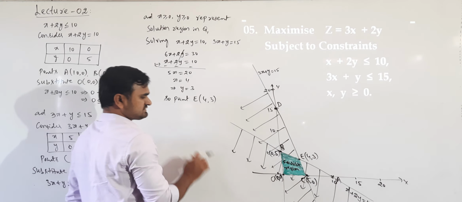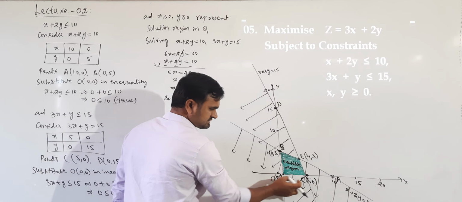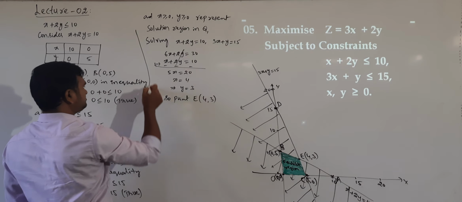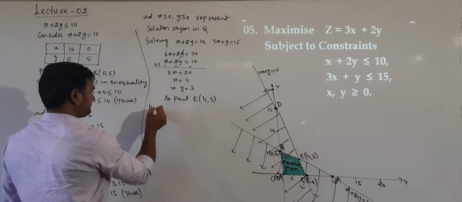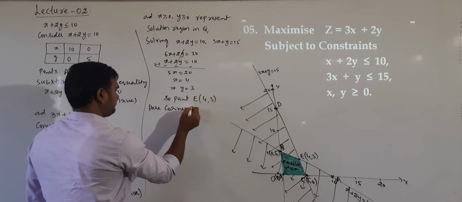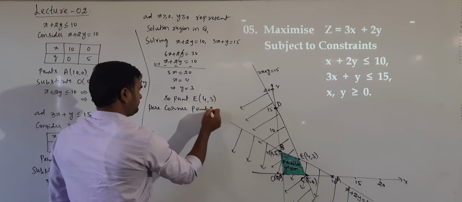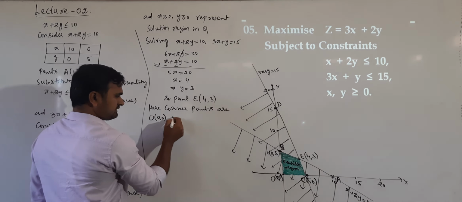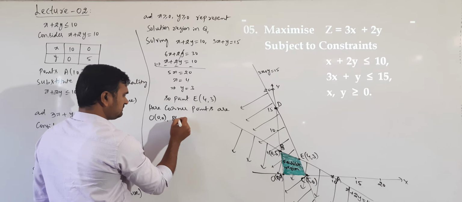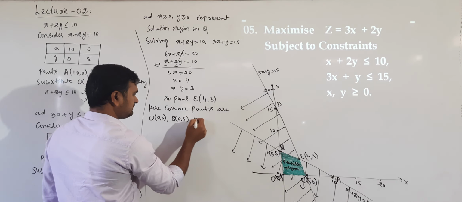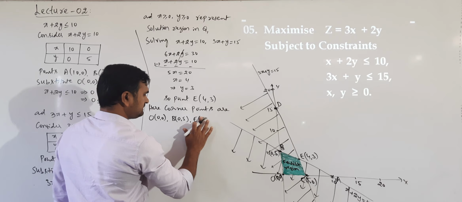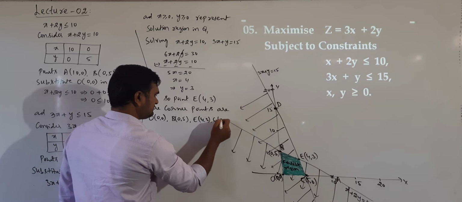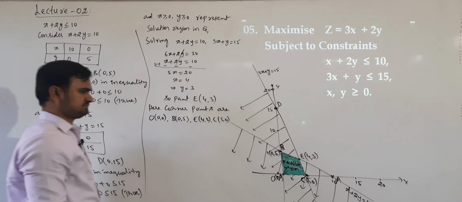So how many corner points do we have now? Boundary points: origin, C, E and B. So here the corner points are origin, next B 0, 5, E 4, 3 and C 5, 0.